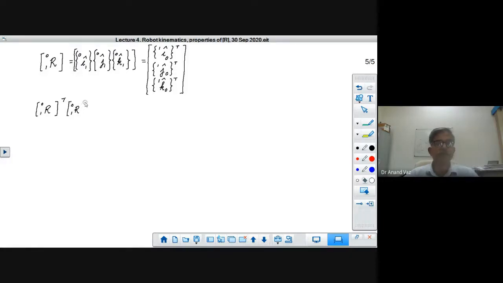So actually this should be equal to a unit matrix. Let us write this unit matrix as the I matrix. But this I matrix is a 3 by 3 I matrix.